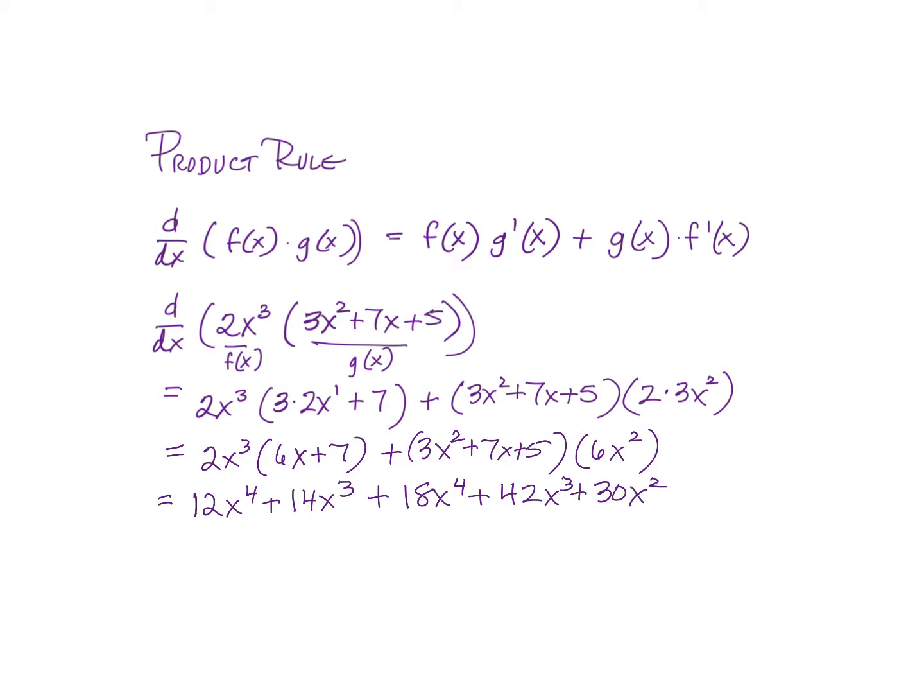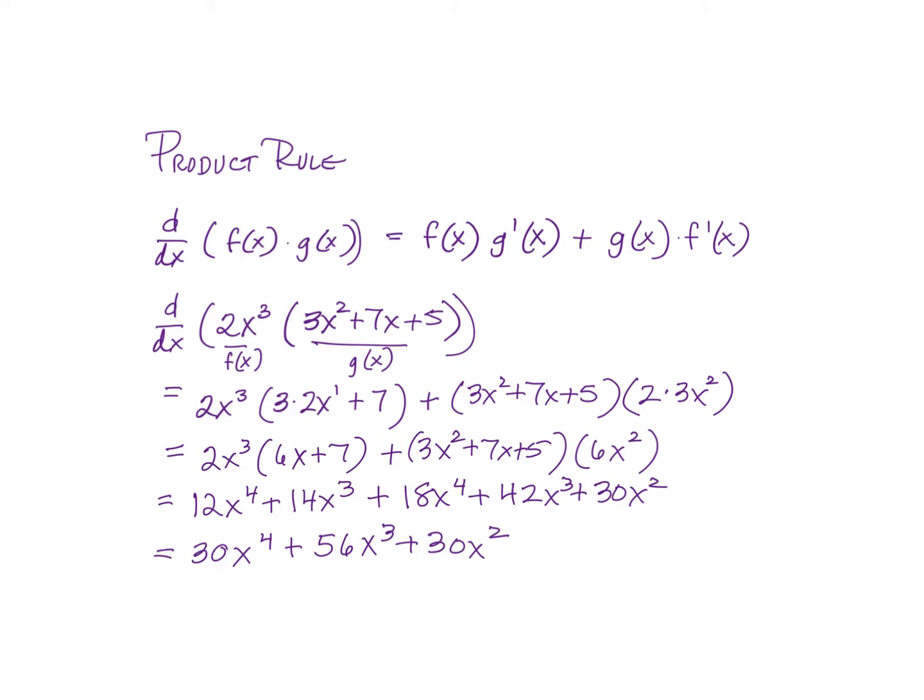And we can combine like terms if we would like. We have 30x to the fourth plus 56, I believe. 42 plus 14 is 56x cubed plus 30x squared.